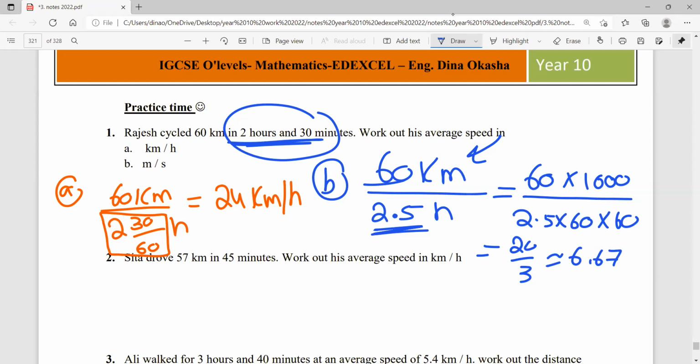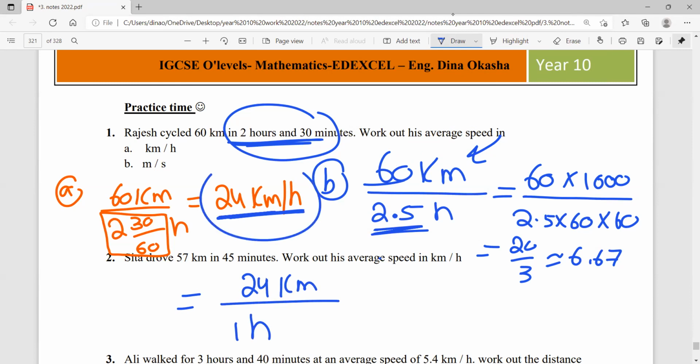طبعا في طريقه ثانيه للحل لو هي فعلا جايه كده مرتين ورا بعض، يعني لو هو مديني A و B 24 كيلومتر per hour يعني 24 كيلومتر over 1 hour. نفس الكلام how do I change to meters times 1000. How do I change hours to seconds قلنا times 60 squared.